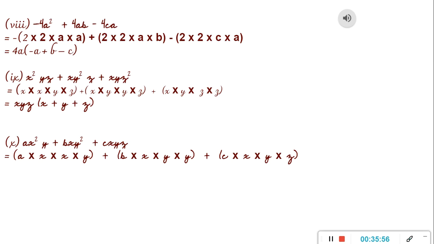Now here what is common in all the cases? xy is common, so we can take it out. Now what is left inside? In the first term ax is left, in the second term by, and in the third term cz. So what is the factor form? xy into ax plus by plus cz. That is the answer.